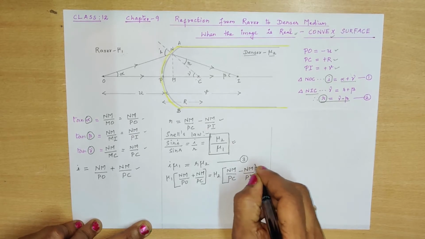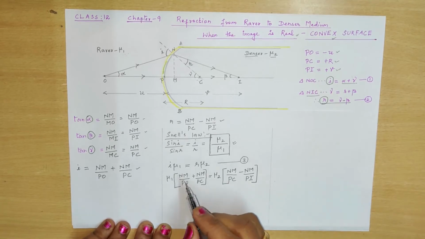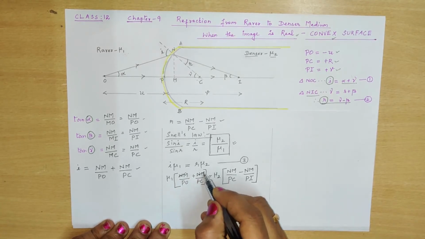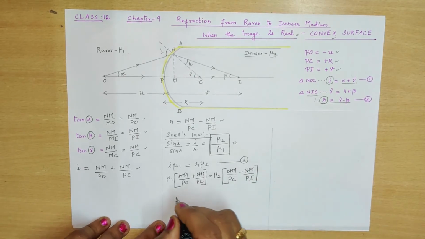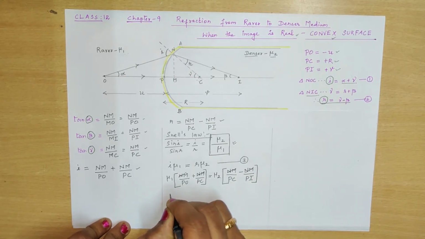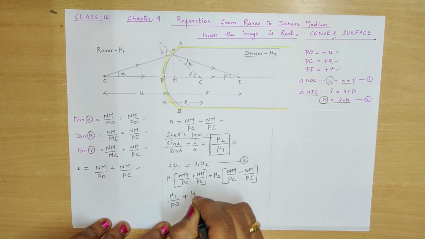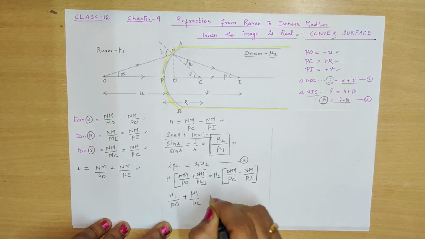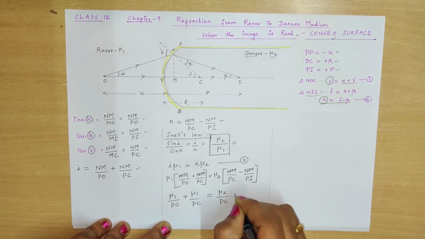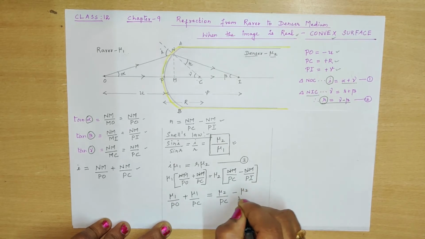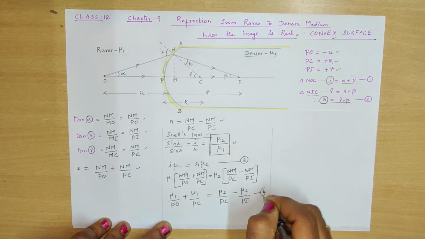This is what we have substituted the values. Now, we can cancel this term Nm numerator because we are taking it common outside and cancelling from both sides, and hence what is left here, let us write mu1 upon Po plus mu1 upon Pc, which is equal to mu2 upon Pc minus mu2 upon Pi. This is what given as equation number 4.